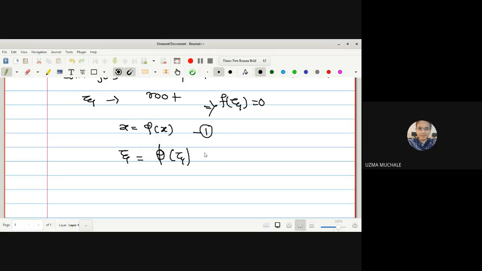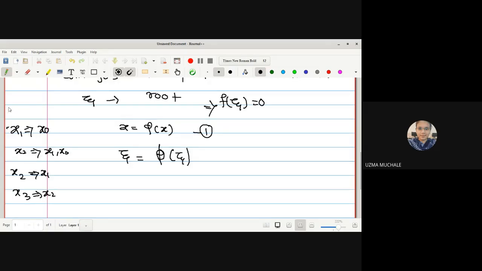Now, we are given that x naught is the initial approximation chosen from the interval I. We found the value of x1 from x naught. How did we find x2? We found x2 with the help of x1. Similarly, x3 is found with the help of x2 and so on.